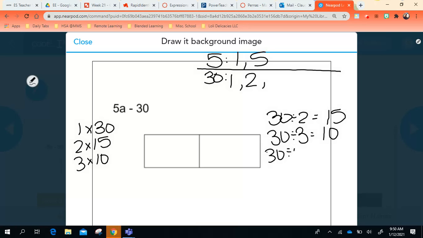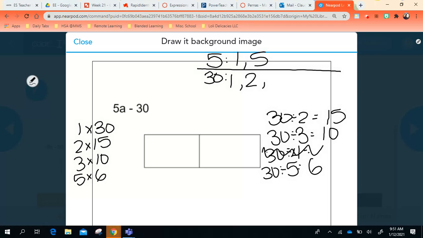If I did 30 divided by 4, that would give me 7.5. Does that work for me? No. So 4 is not one of my factors. If I do 30 divided by 5, it would give me 6. So that means 5 times 6 gives me 30.